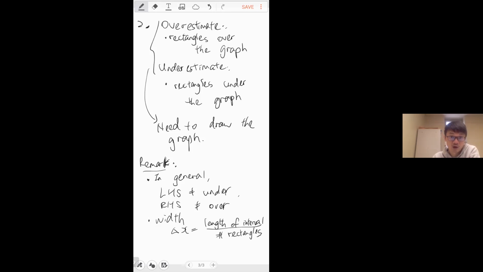The question will tell you how many rectangles you need to take. So if it's 5, then you divide the length of interval by 5, and use that as the width. And the number of endpoints should always be the same as the number of rectangles.